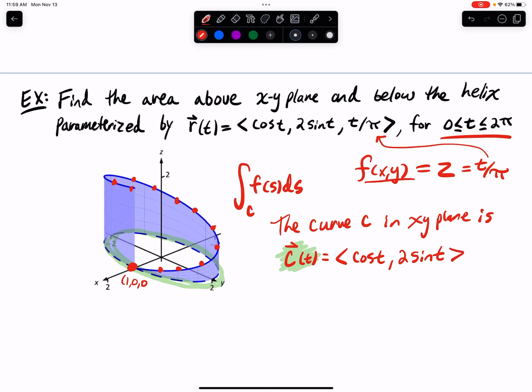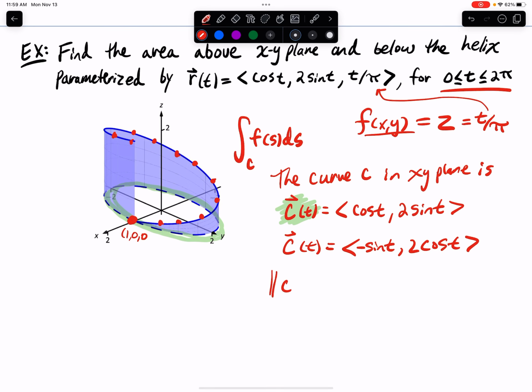And so this is my r of t curve. The derivative of cosine is negative sine. The derivative of 2 sine is 2 cosine.